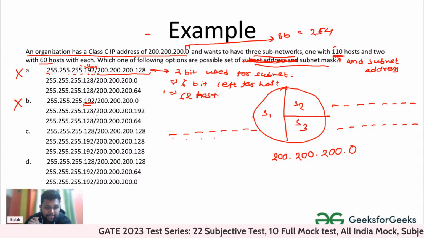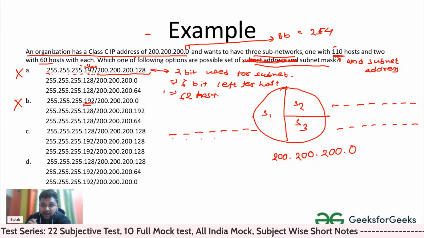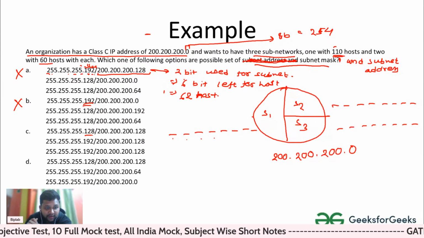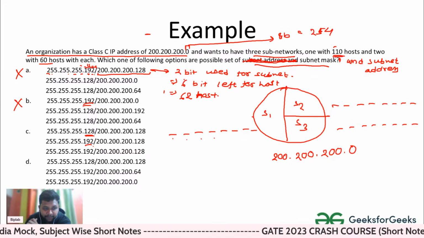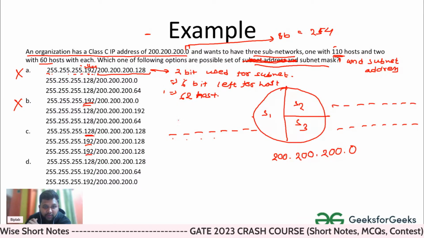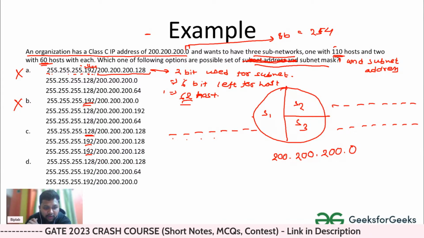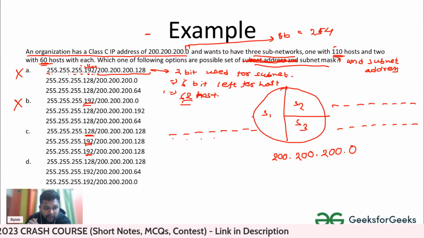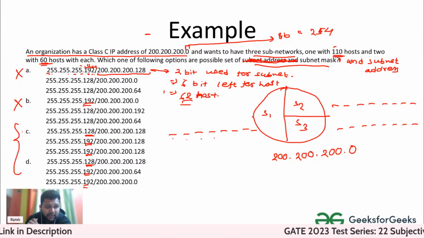Since the first one must have at least 110 hosts, this octet must be 128. Now the others can have 192, that is maximum 62 hosts. You want 60 hosts, so it's okay. So 128 here is okay, 192 here is okay, 192 here is okay. So these two are what you are left with.